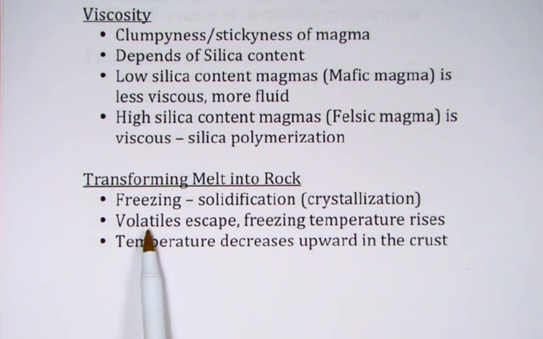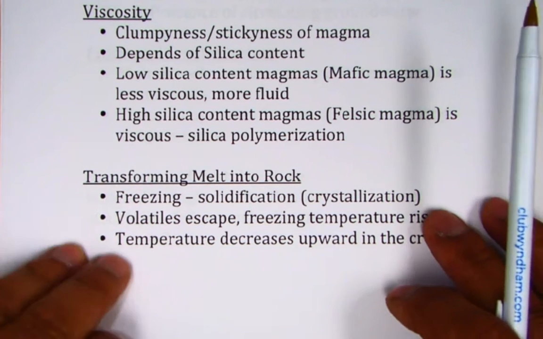And remember, the volatiles help break the chemical bonds. If the volatiles are gone, the chemical bonds form, and you start making the rock. Freezing temperature rises. Also, as these magmas move up through the crust, they're going to experience lower temperature.